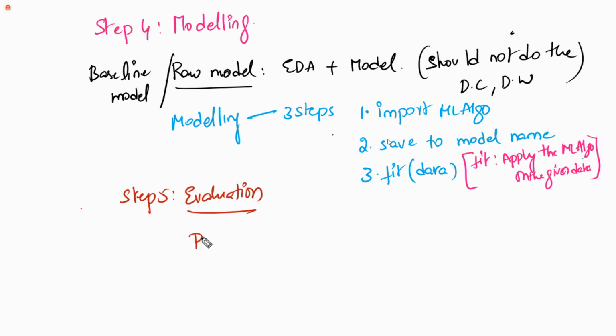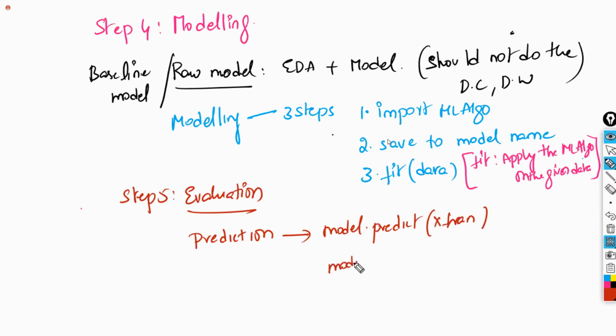So prediction will be done using model.predict on X_train and model.predict on X_test. Both you have to predict, because you need to calculate the train accuracy and test accuracy.